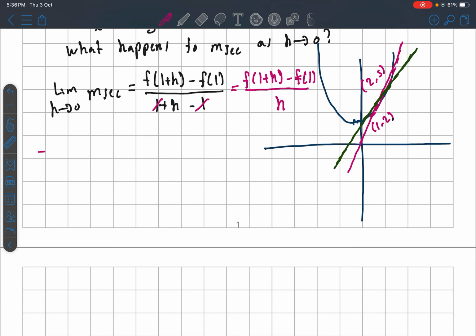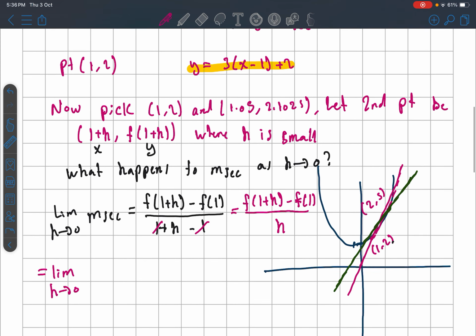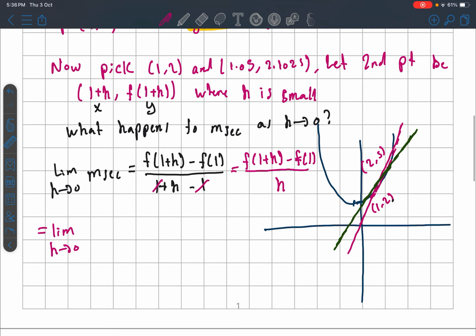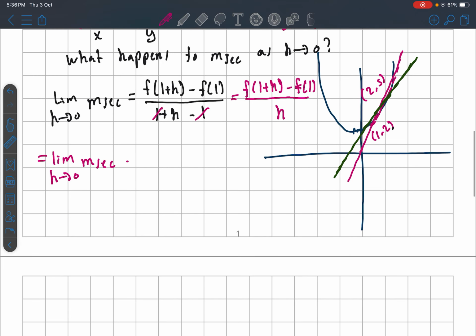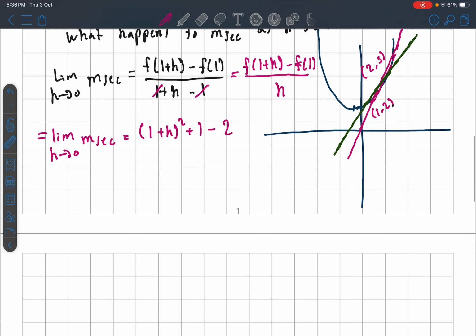Okay, so we have here the limit as h approaches 0, and m secant equals ((1 plus h) squared plus 1 minus 2) over h.